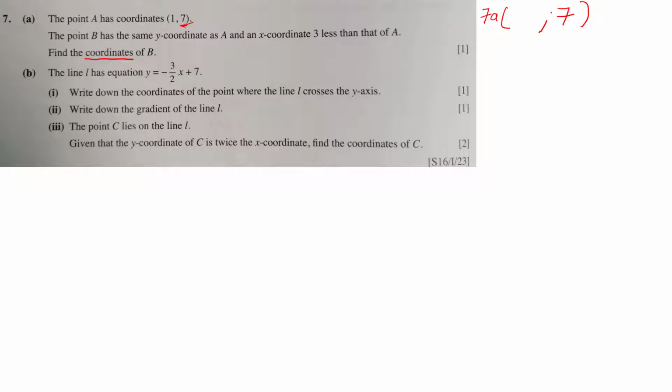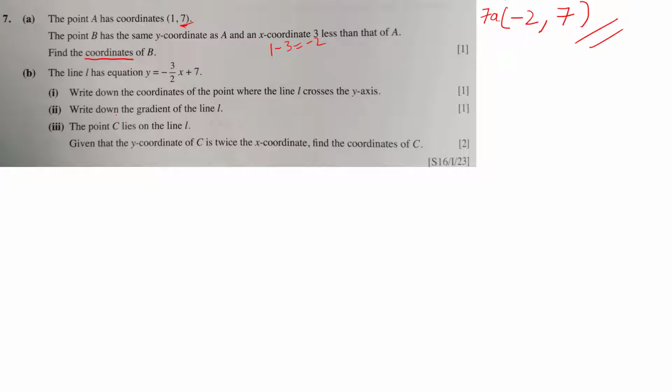Then the x coordinate is 3 less than A. 3 less than A means 1 minus 3, which will give us -2. So the x coordinate is -2. So this will be my answer for 7a. Very easy.